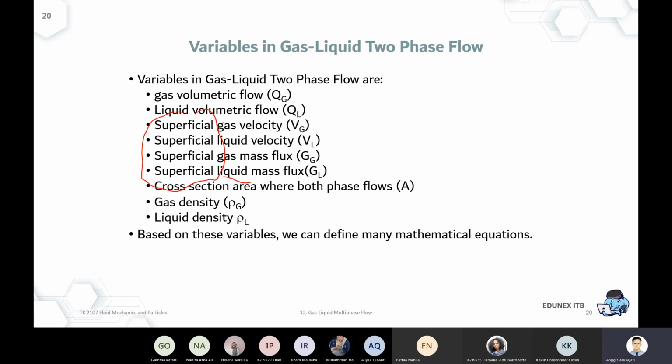So that's an example of the terms that we will use. If we have a pipeline, we can express it in cubic meter per second. We can express it in meter per second, which comes from cubic meter per second divided by the surface area of the pipeline.